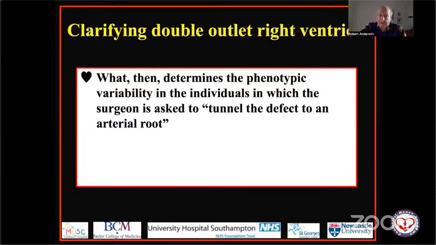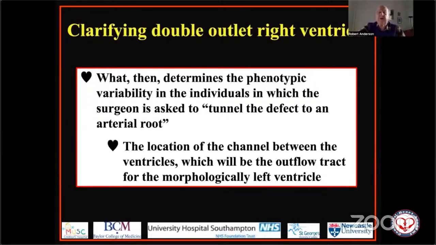We know that double outlet right ventricle is not a phenotype in its own right. So what is it that distinguishes the various types that we group together, in which we ask the surgeon to tunnel the defect to an arterial root? And it is, of course, the location of that channel between the ventricles.